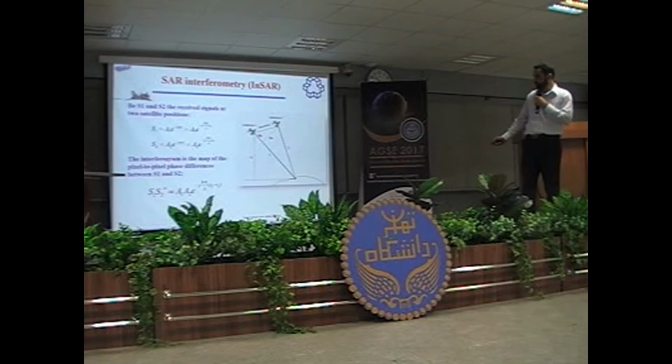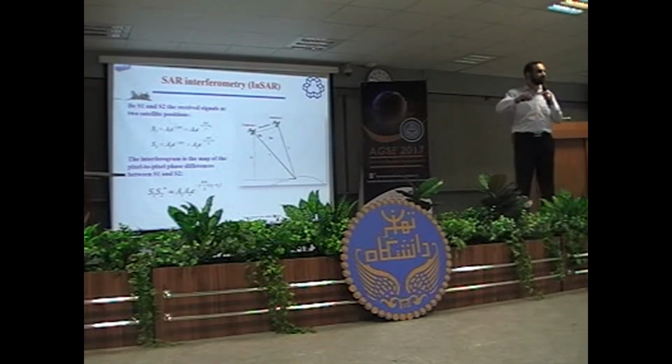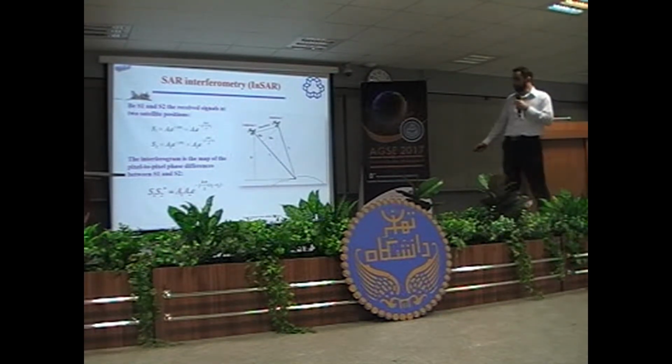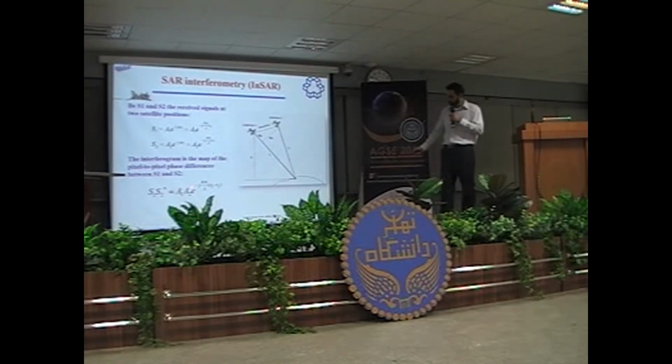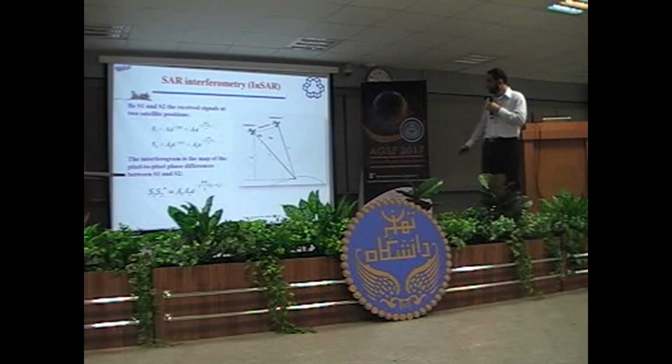Interferogram here is the pixel by pixel phase difference of the images. If you just multiply S1 by the conjugate of S2, then you will have A1 A2, this is the amplitude, and this is the phase difference of two images.